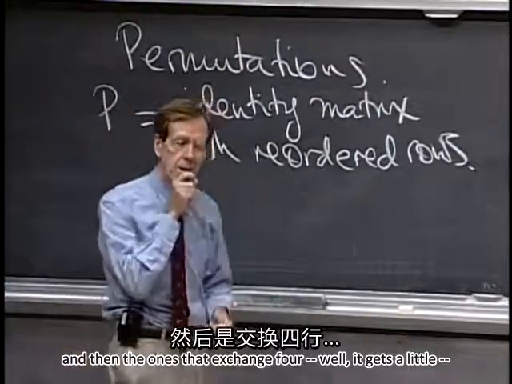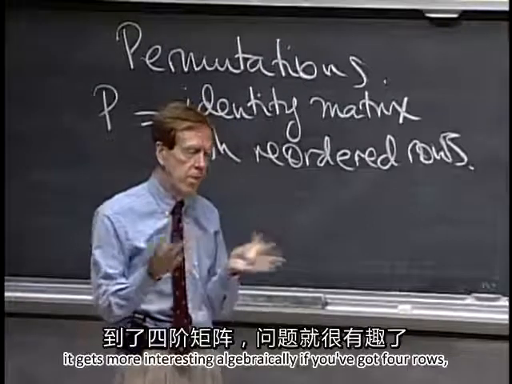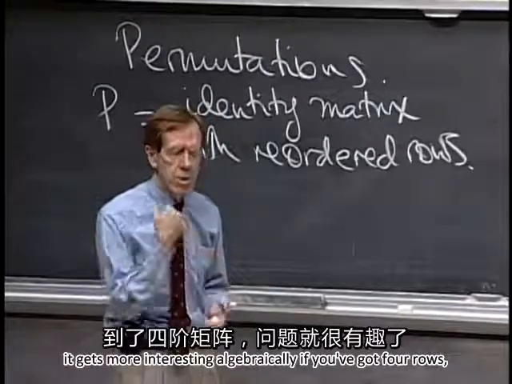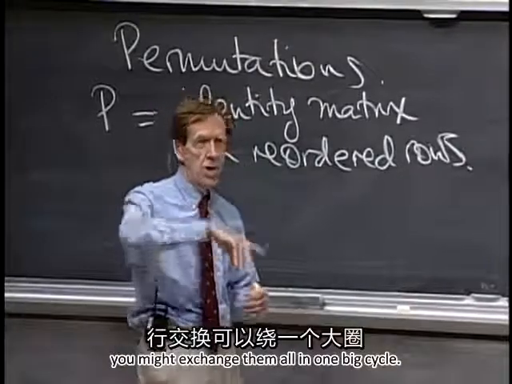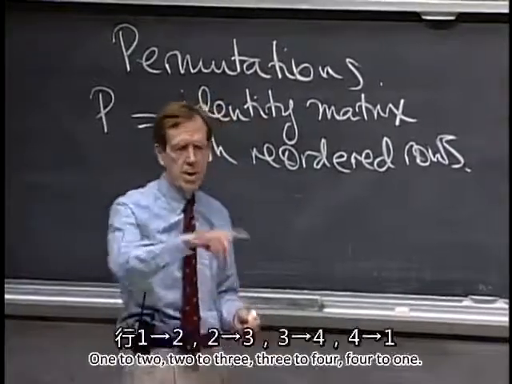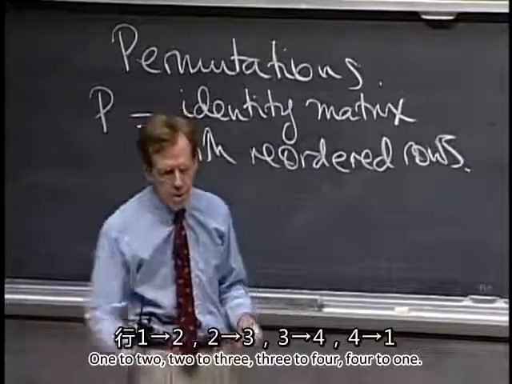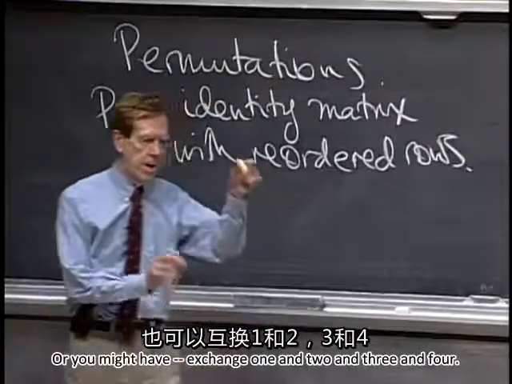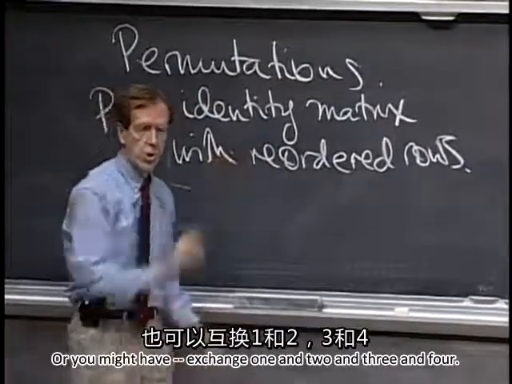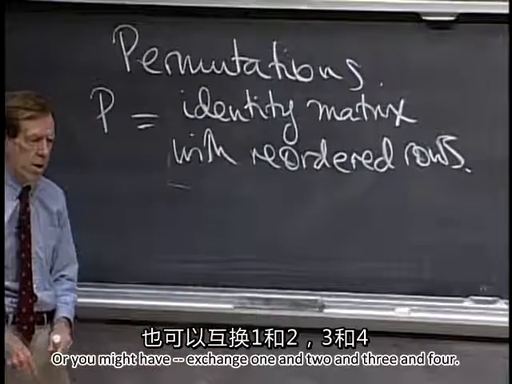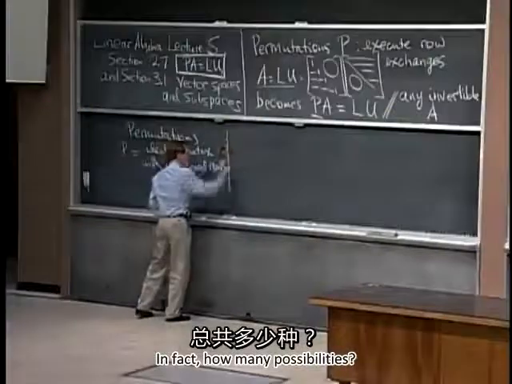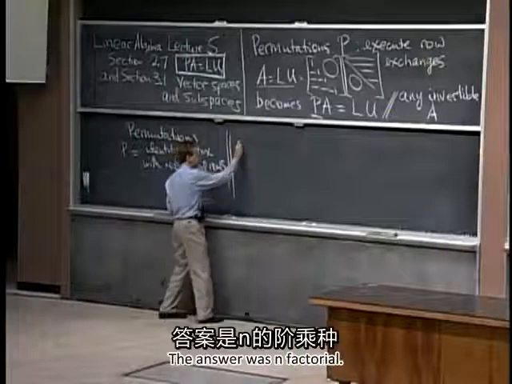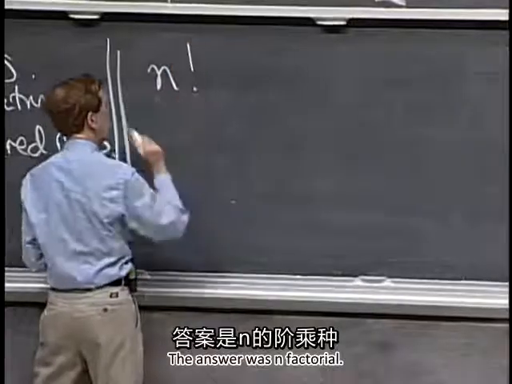Well, it gets more interesting algebraically. If you've got 4 rows, you might exchange them all in one big cycle, 1 to 2, 2 to 3, 3 to 4, 4 to 1. Or you might exchange 1 and 2 and 3 and 4. Lots of possibilities there. In fact, how many possibilities? The answer was n factorial.